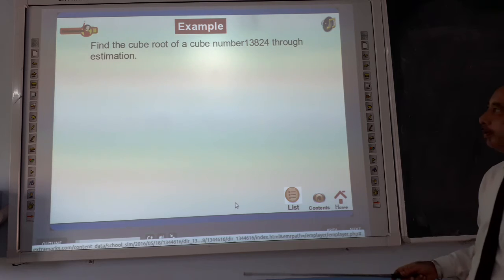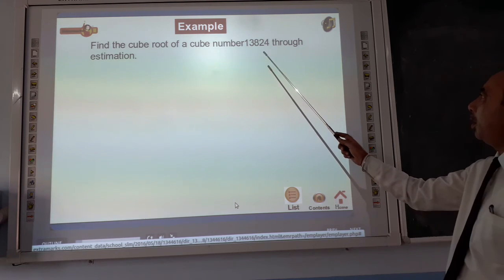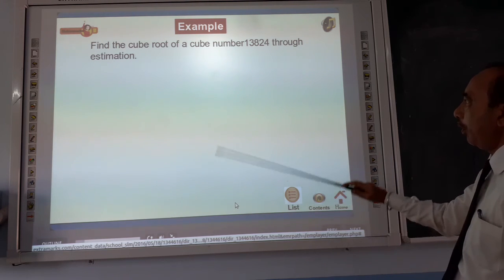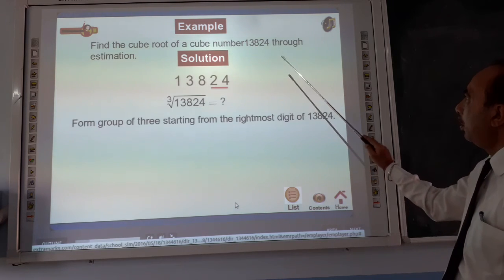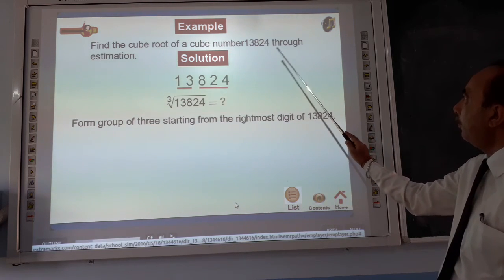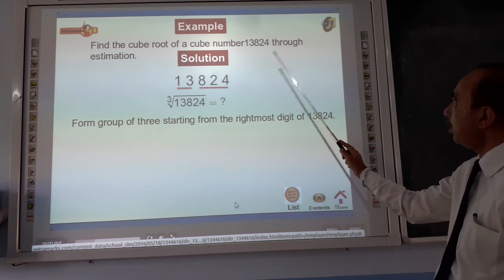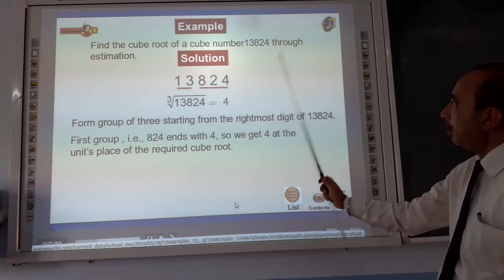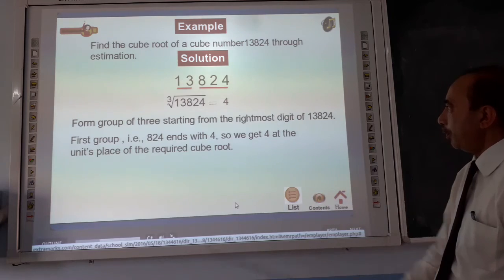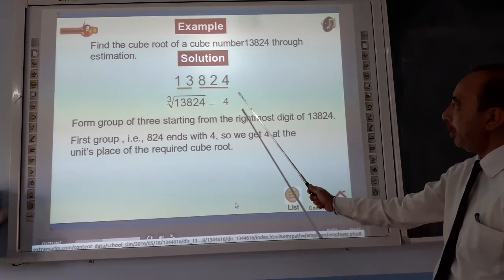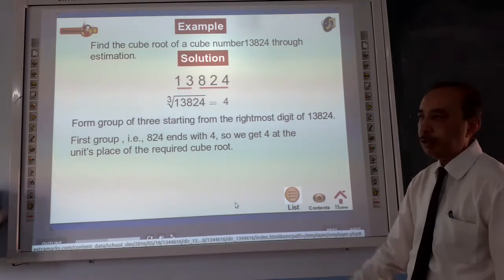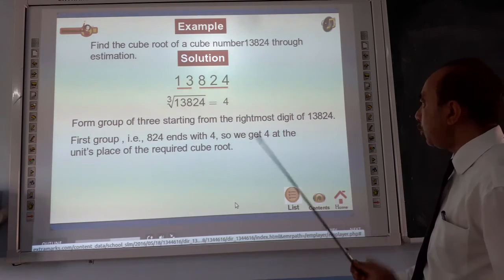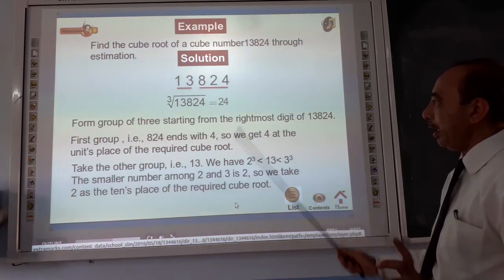One more example, 13,824. Again we will find out with the help of estimation. We will make 2 groups, last digits and remaining digits. The last digits 8, 2 and 4 give us the unit place digit 4. Now we come to the remaining part, 13, and we will see between which 2 perfect cubes 13 lies.